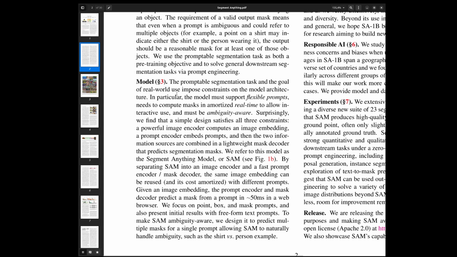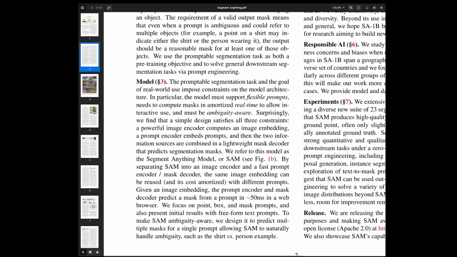Okay. In particular, the model must support flexible prompts, needs to compute masks in amortized real time to allow interactive use, and must be ambiguity aware. Okay, so this is the thing that you were talking about.